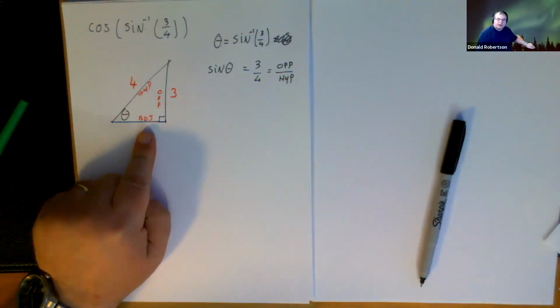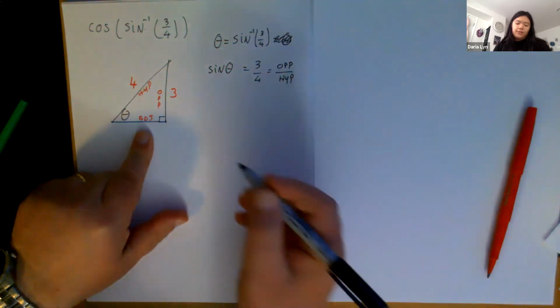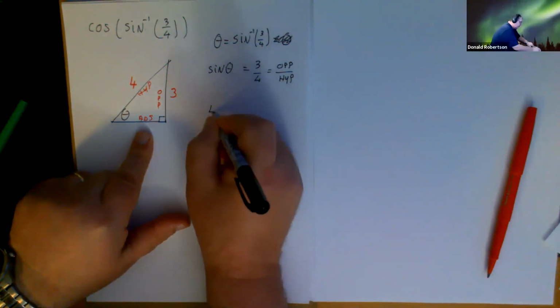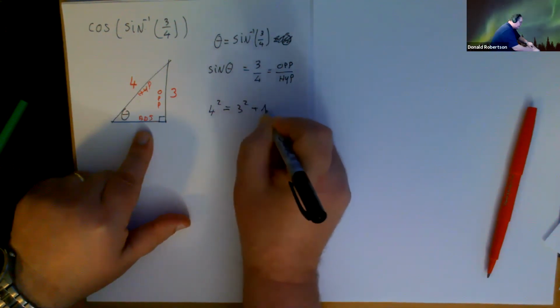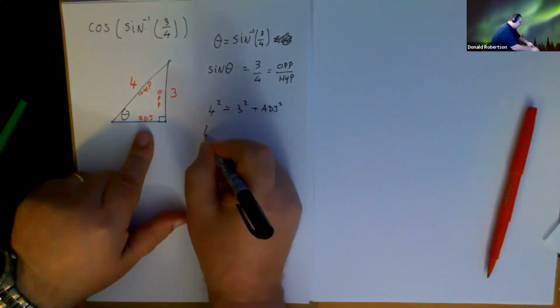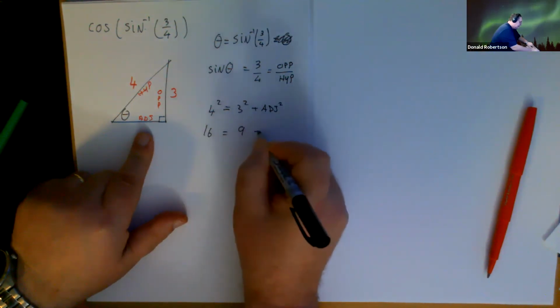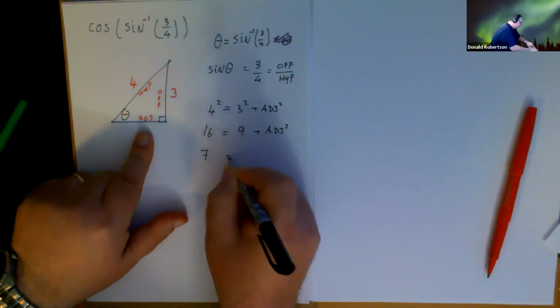What do I need to do to find the third and final side of this right angle triangle? How will I get it? Pythagoras theorem. I agree with you. So we'll call it 4 squared is equal to 3 squared plus the adjacent squared, right? And that's going to be 16, that's going to be 9 plus the adjacent squared. Subtract 9 from both sides.